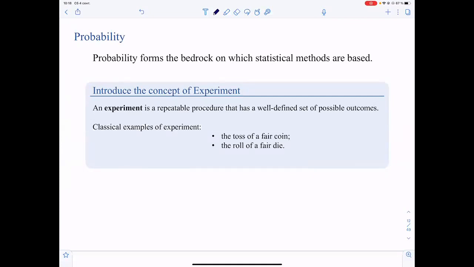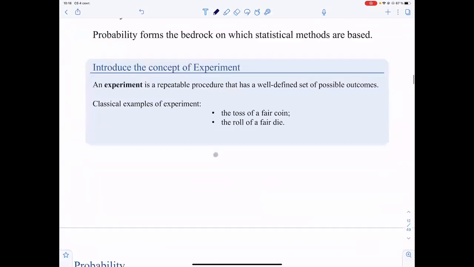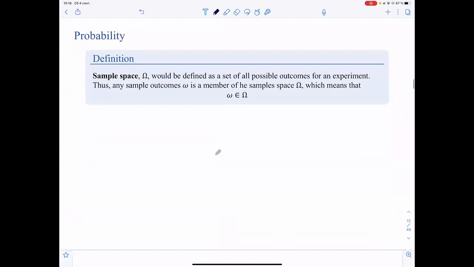So you will use some data sets, and this data is always collected with experiments like coin tossing or rolling a die. These are experiments. And the first definition is a sample space.